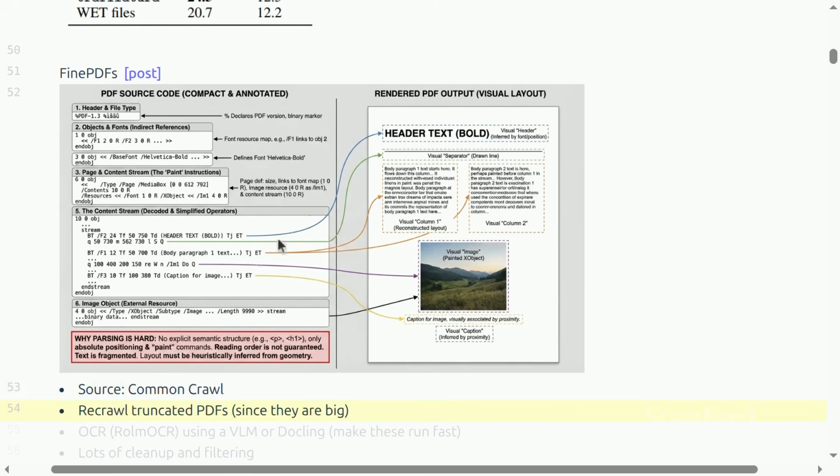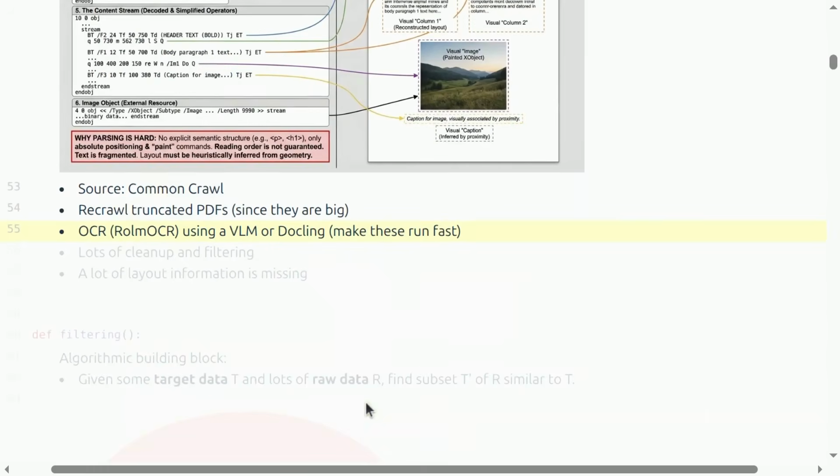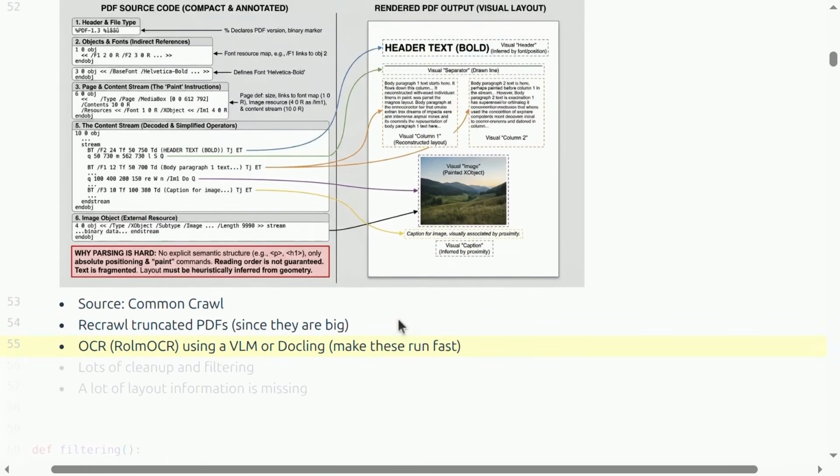If you read this blog post, there's a lot of details which I'll spare you. For example, many of the PDFs that are in Common Crawl are truncated because PDFs are big. So that demands that recrawling is necessary. And then there's a question, once you have the PDF file, how do you actually convert it to text? And some PDFs might be just scans as well, so they're essentially images.